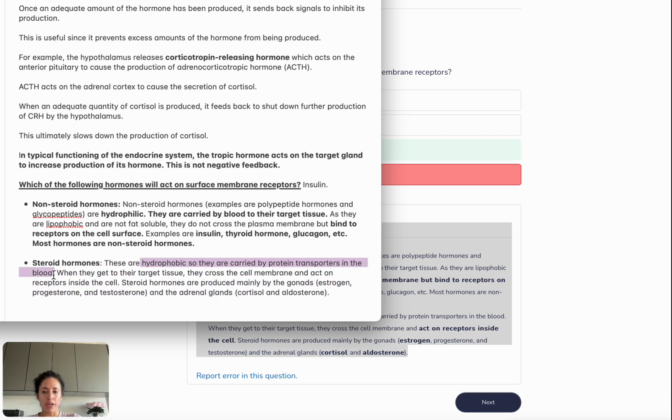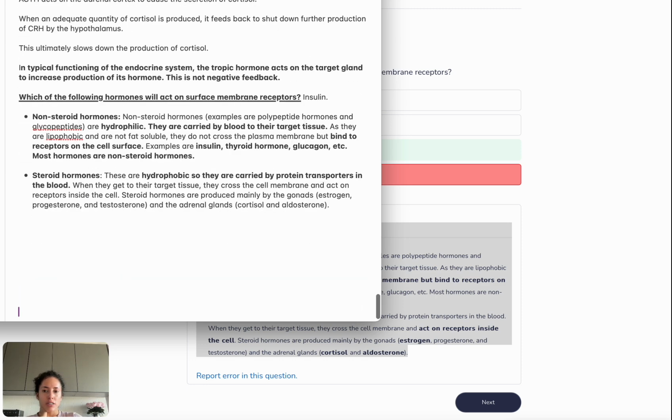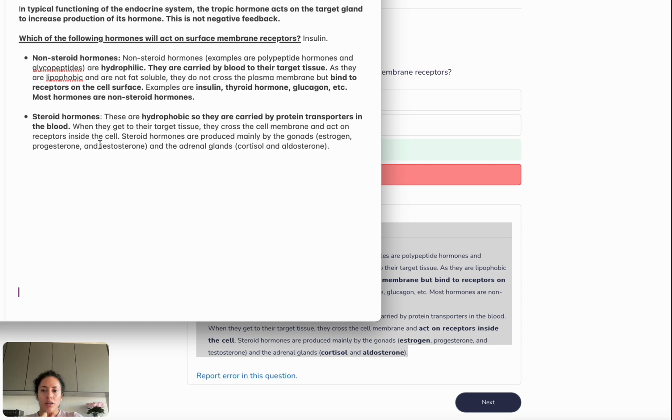When they get to their target tissue, they cross the cell membrane and act on receptors inside the cell. Steroid hormones are produced mainly by gonads, estrogen, progesterone, and testosterone, and adrenal glands, cortisol.